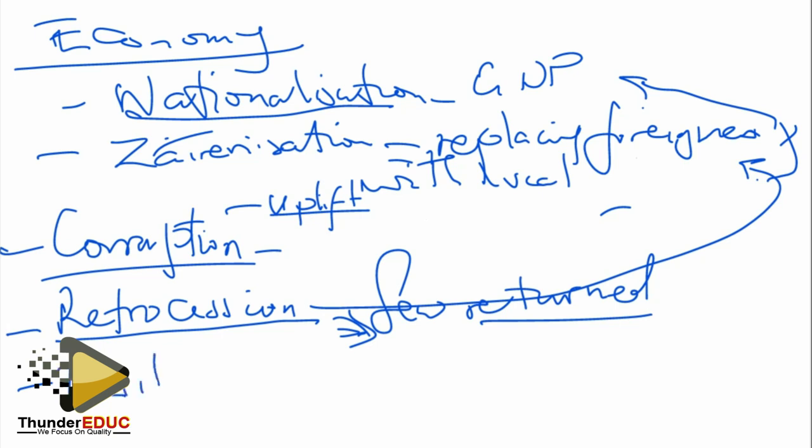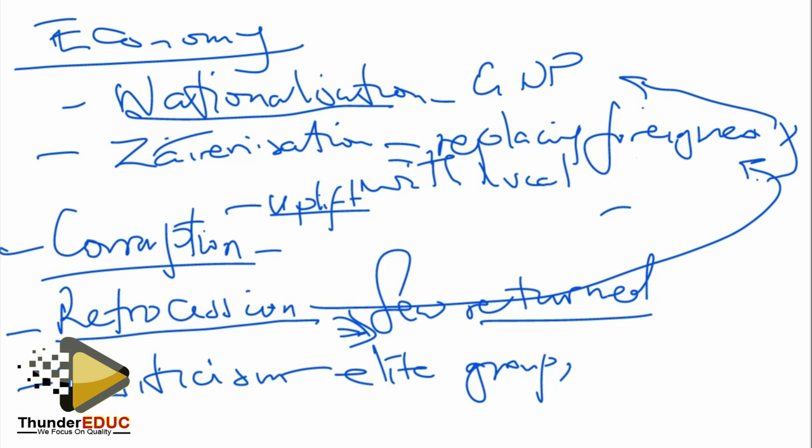And also we can argue about elitism. Mobutu created what was called an elite group. People who were close to him were able to attain a better life through corrupt means or through nepotism. They were able to acquire riches for themselves, and they became extremely rich above ordinary citizens.